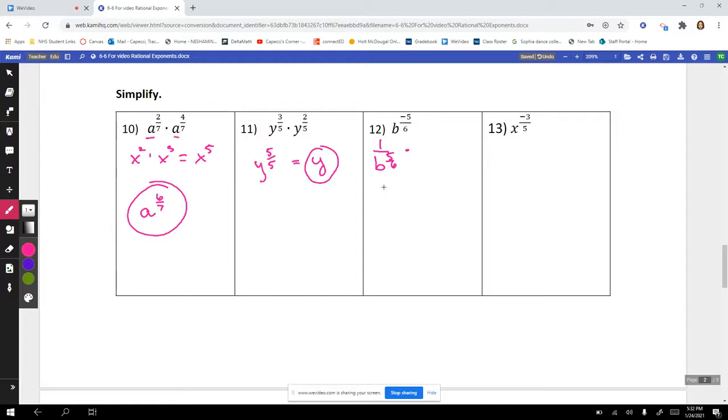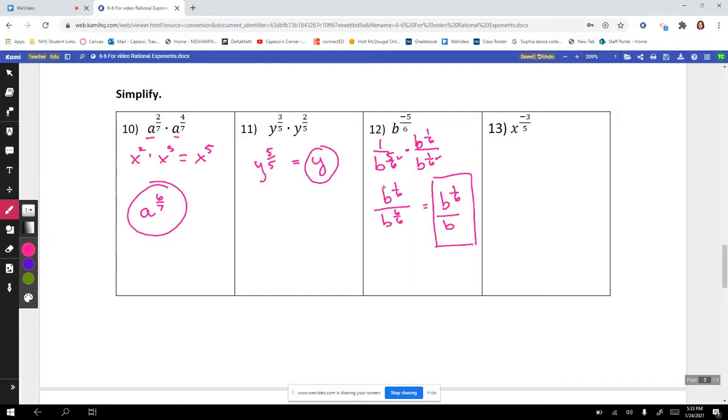So if I need b to the 1/6 on the bottom, whatever I do to the bottom, I do to the top, and that gives me b to the 1/6 on the top. Now, 5/6 plus 1/6 gives me 6 over 6, so I have b to the 6 over 6, which is b to the first. My final answer is b to the 1/6 over b to the first, and that's my final answer right there.